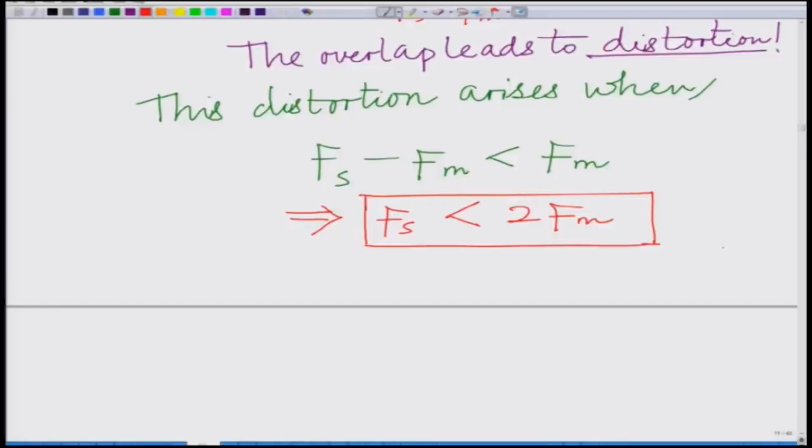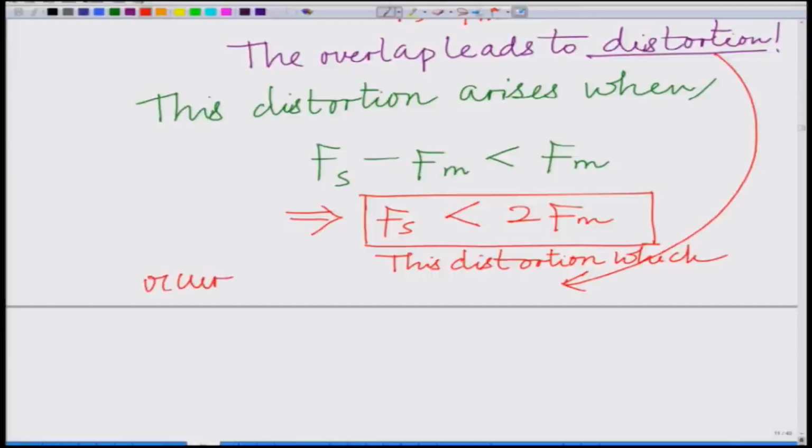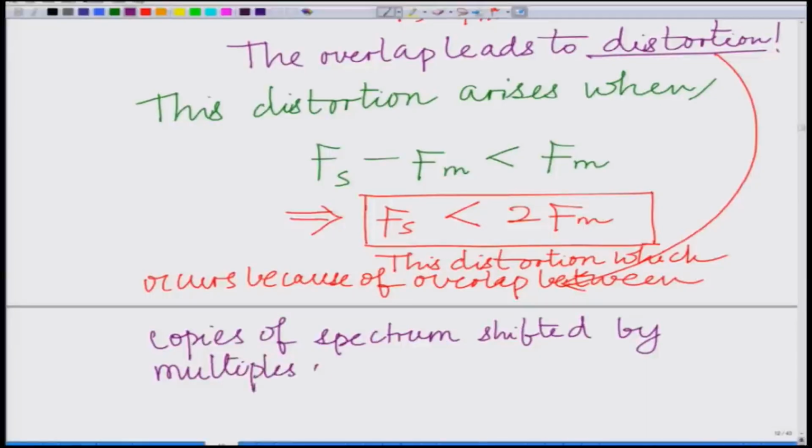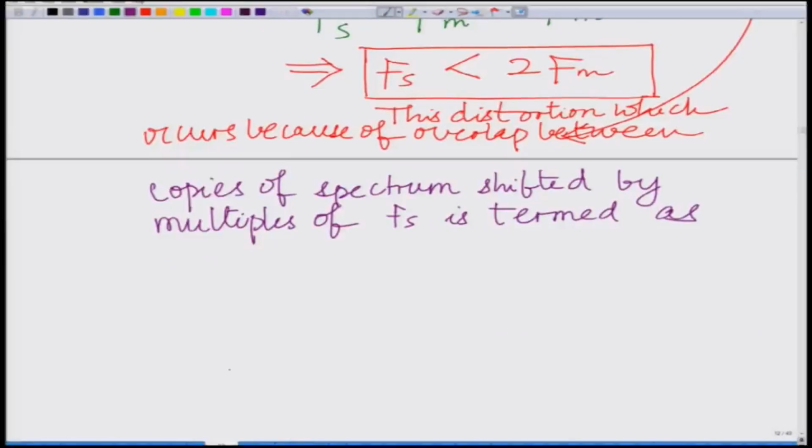So, this distortion which occurs because of overlap between copies of the spectrum shifted by multiples of Fs is termed as aliasing.